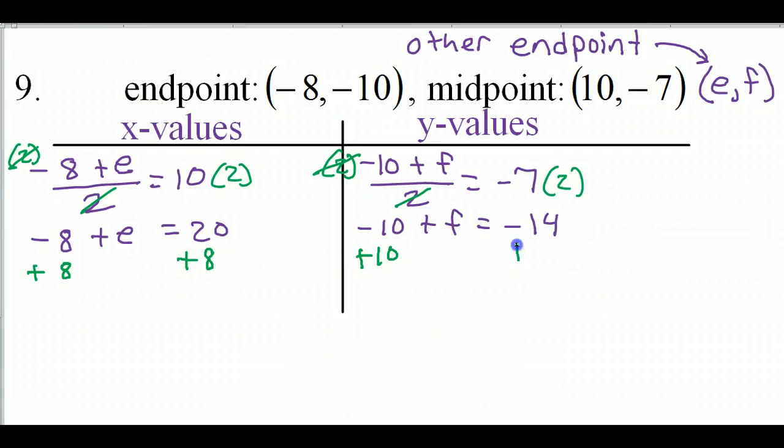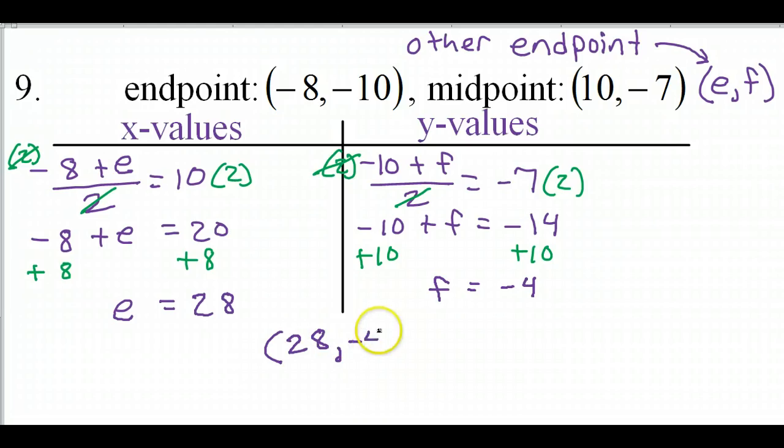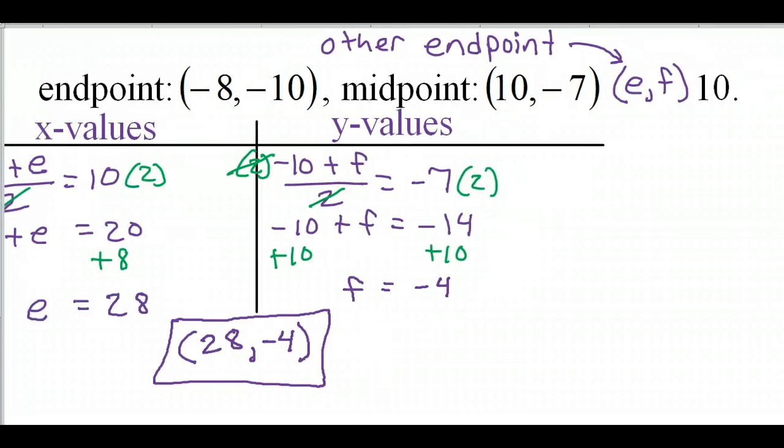Getting f by itself, add 10 to both sides. That's going to leave me with e equals 28, and f equals -4. Since the other endpoint is (e, f), the other endpoint must be (28, -4). There's number 9 for you.